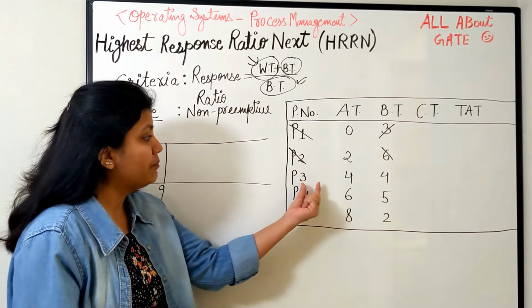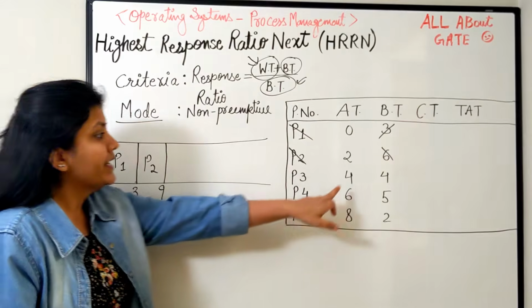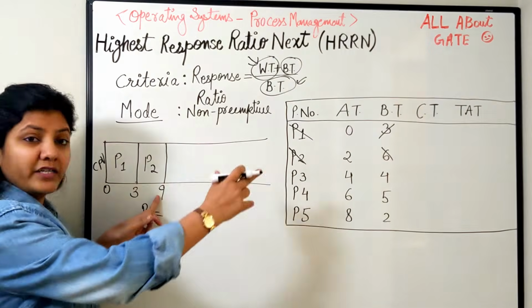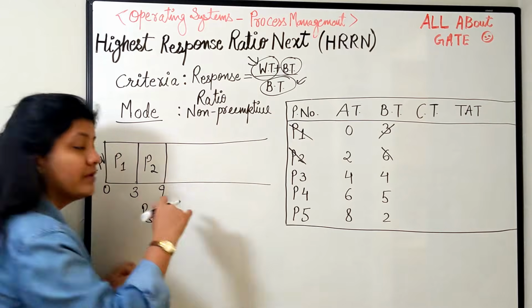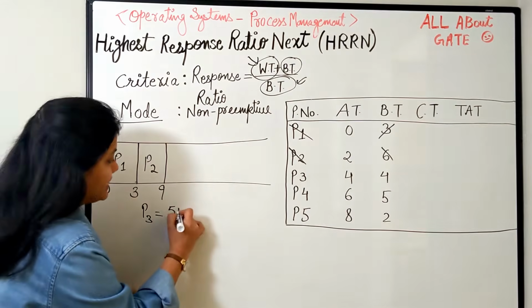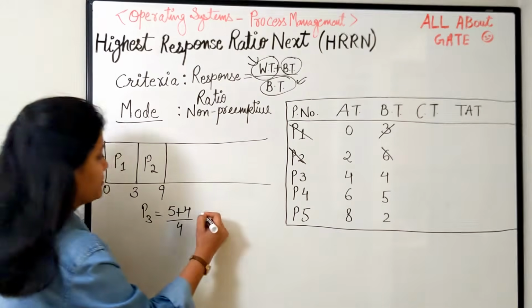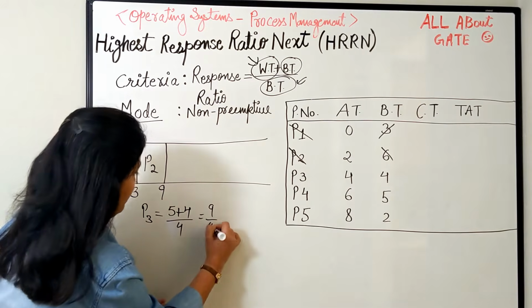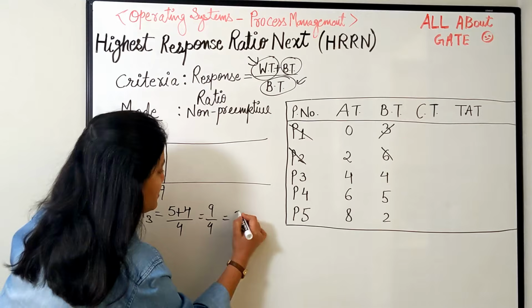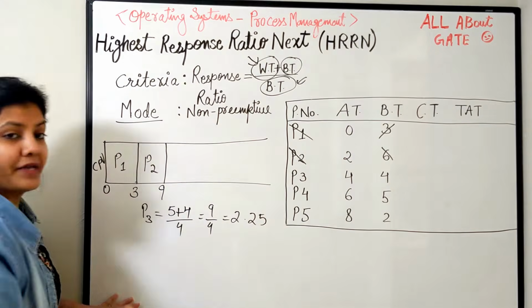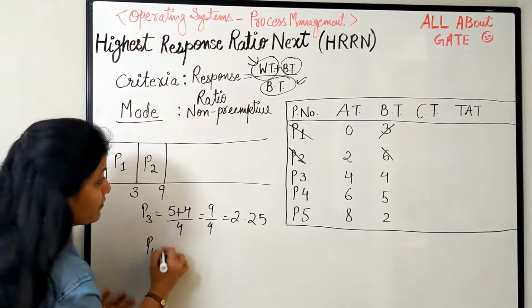Whatever amount of time P3 has waited: it came at time 4, and right now it is time 9, so 9 minus 4 is 5. This is the time P3 has waited, plus its burst time of 4, divided by 4. That becomes 9 by 4, which is 2.25 for P3. Now P4.